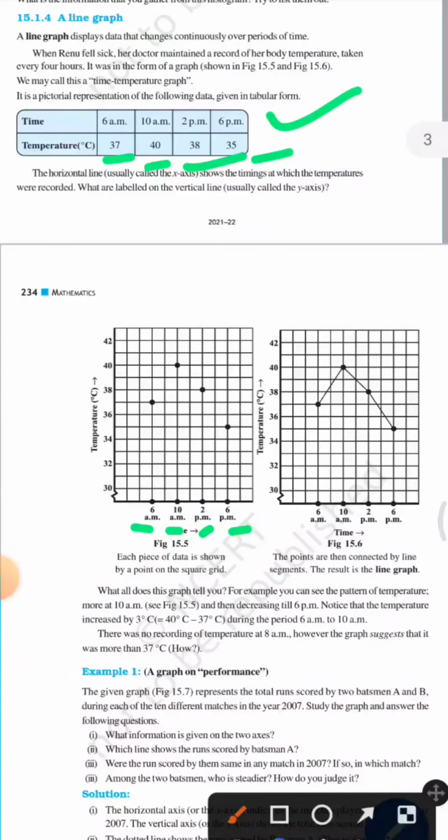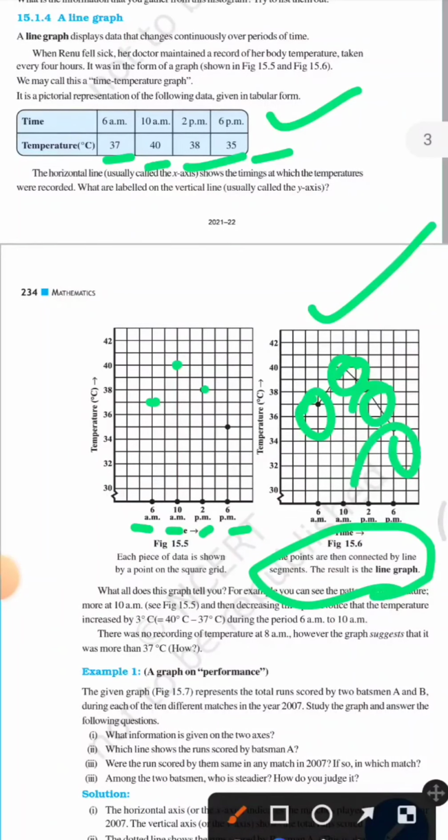Similarly we do the rest, so we get 4 points in our graph, and we have to join them using a pencil or pen. So you will get this type of graph. These points are connected by line segments, and the result is the line graph. If the points are connected with line segments, it is said to be a line graph.